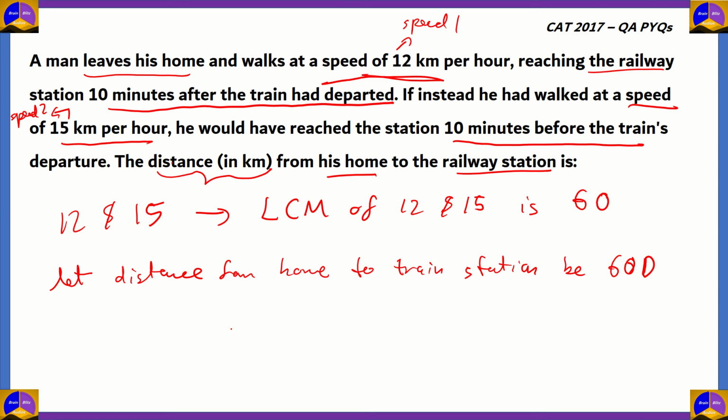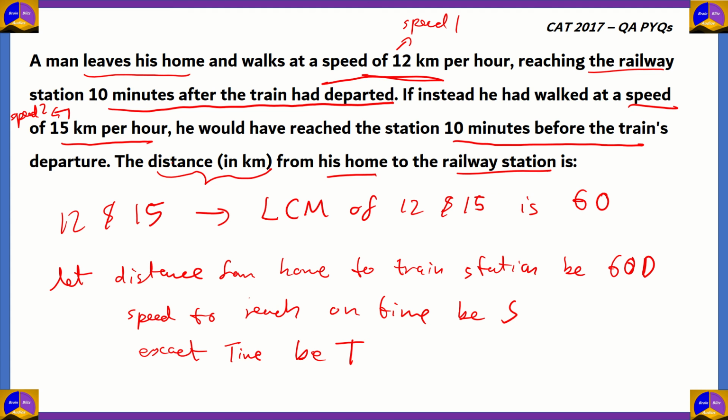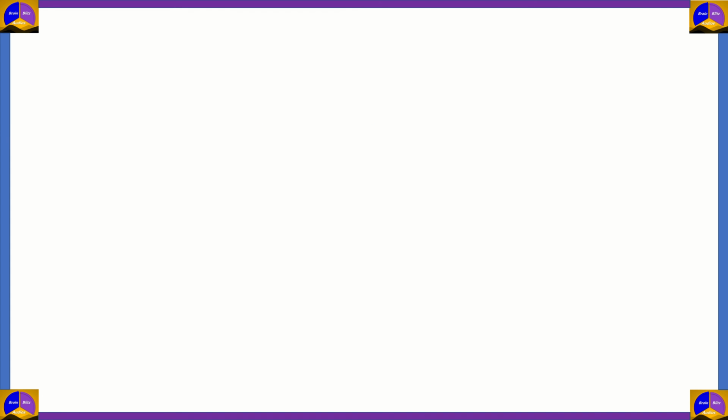Now, we're also going to consider the speed at which the person must travel to reach on time to be s, and the exact time to be t. Okay, so these are our assumptions, and we're going to build a table from here.